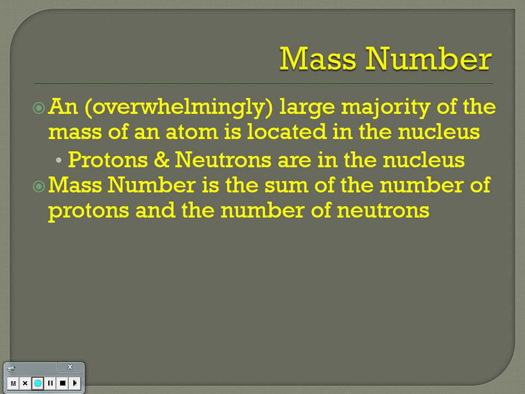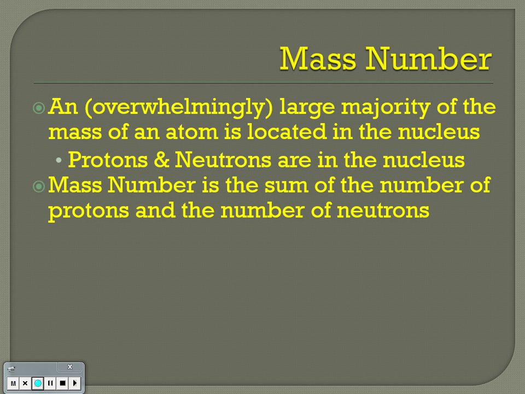Basically, mass number is a count of the number of protons plus the number of neutrons. Meaning, if we are just counting protons and neutrons, what kind of a value is the mass number always going to be? An integer value. It is not going to be a decimal value.